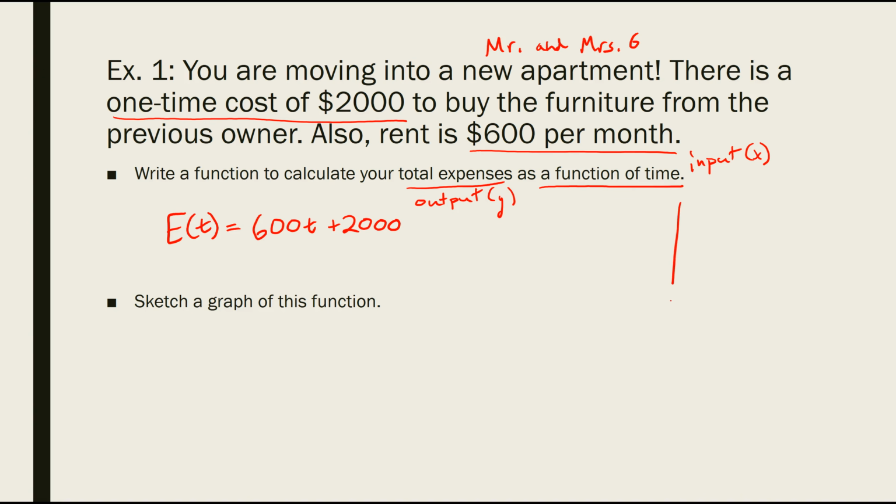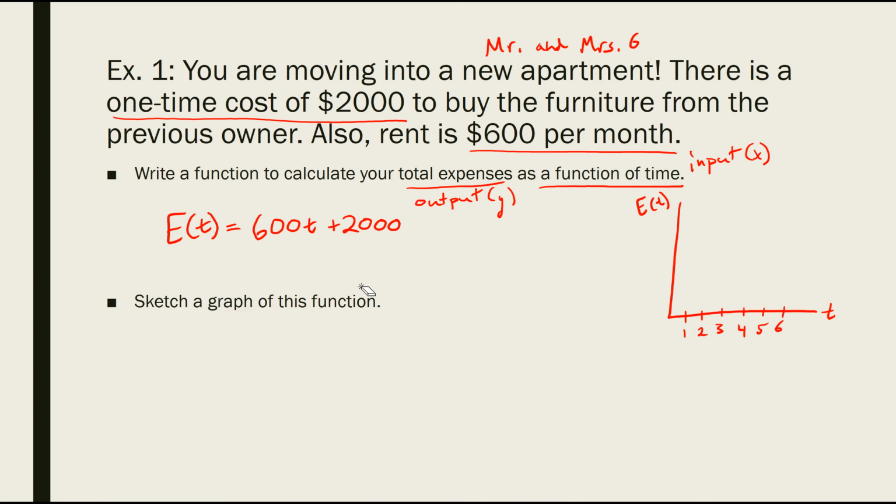Cool. Next, let's sketch a graph for this function, and this is going to be a very sketchy graph. T, remember how we said it's kind of like the x, it's the input, so we're going to put it along this axis, and t is counting up in terms of months, so we should label that with just nice integer values. However, our y-axis, which in this case is our e of t axis, our expenses axis, that's going to be in terms of money, right?